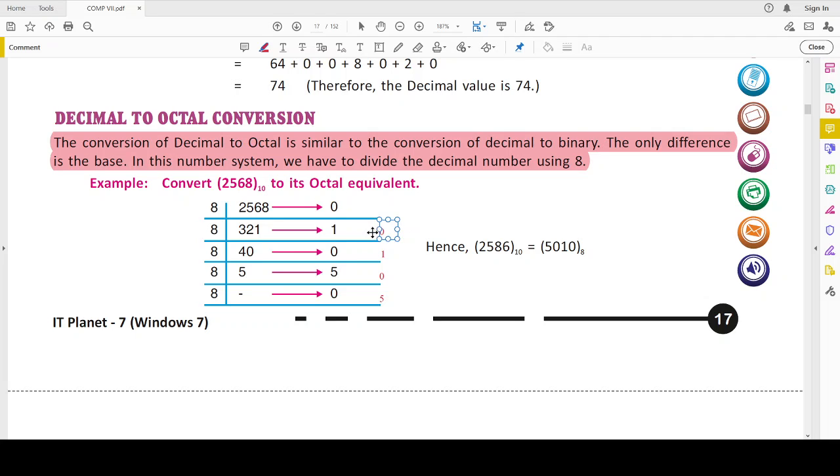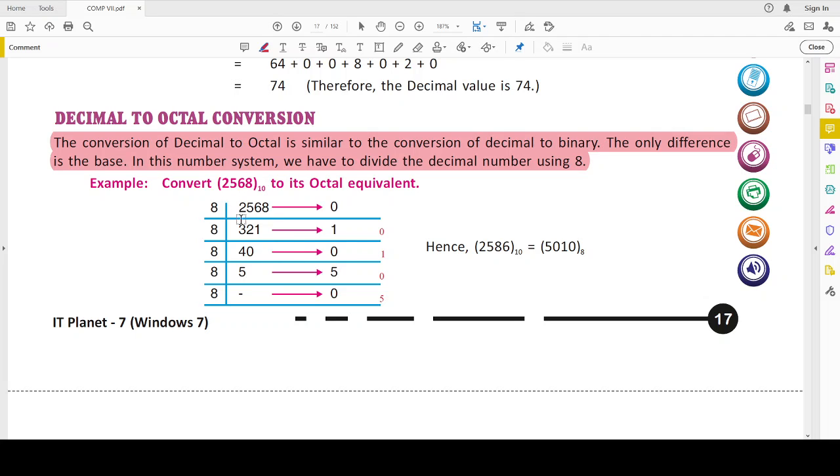This 0 is over here. This 1 is over here. This 0 is over here. This 5 is over here. Right? And left 0 has got no meaning. Okay. There will be no 0 in the left. So 5 0 1 0 is the corresponding octal number to this 2568 in decimal.